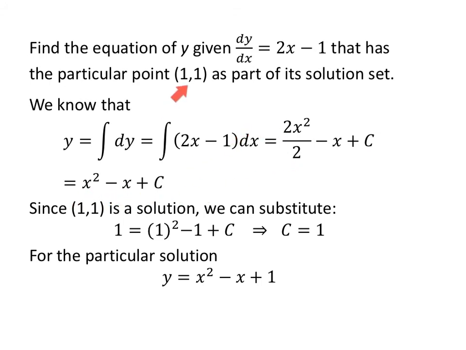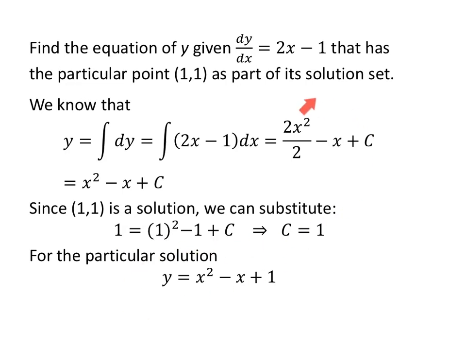But we haven't used this particular point as part of its solution set yet. What this gives us, it allows us to find the particular value of c for this specific solution. Since (1, 1) is a solution of this equation, we can substitute 1 in for y and 1 in for x, right? x is 1, y is 1. So 1 equals 1 squared minus 1 plus c. 1 squared minus 1 is 0, so 1 equals c.